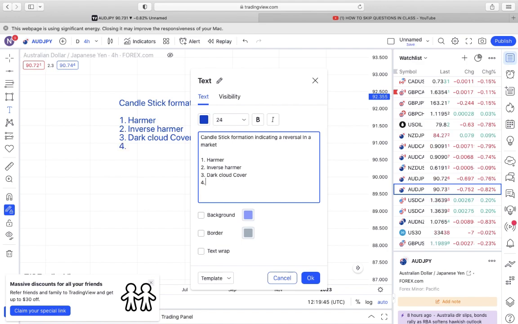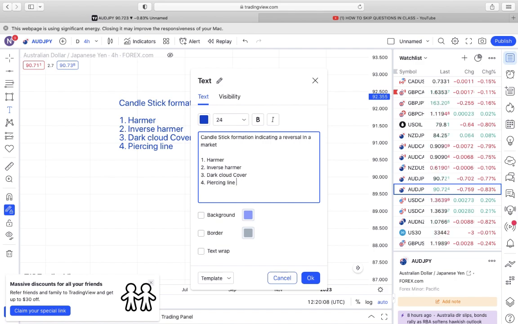We have what we call the piercing line. Piercing line always signifies a bullish reversal. The market is reversing to an upward trend.